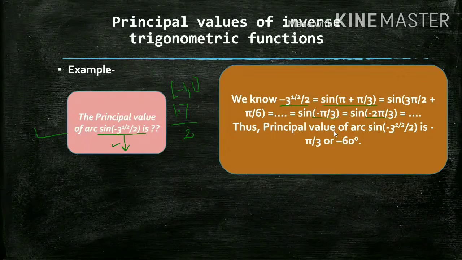The principal value would be the least one, which is minus pi by 3, because this is the only value that lies in the region we are considering. We are considering minus 90 degrees to 90 degrees, the restricted range. Among all these values, we have just minus pi by 3, or minus 60 degrees. So that is the principal value of sine inverse of minus root 3 by 2.